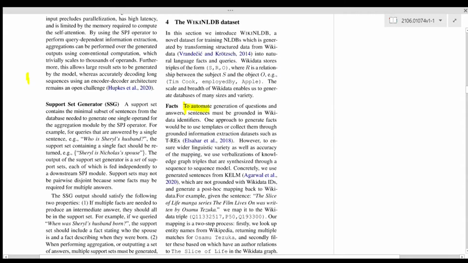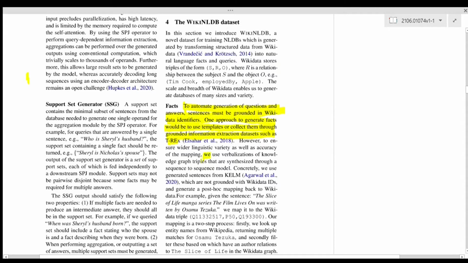To automate the generation of questions and answers, sentences must be grounded in Wikidata identifiers. One approach to generate facts would be to use templates or collect them through grounded information expression datasets such as T-REx.